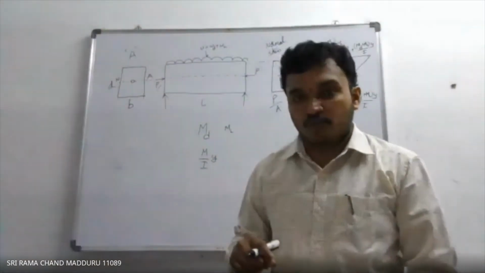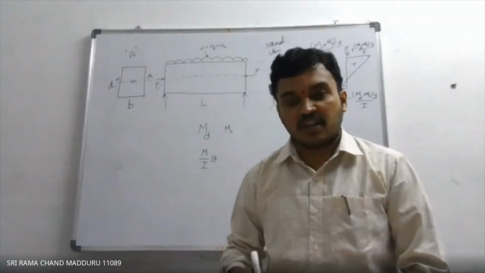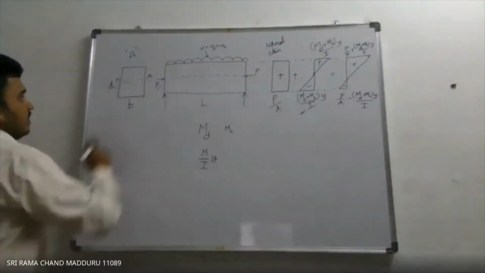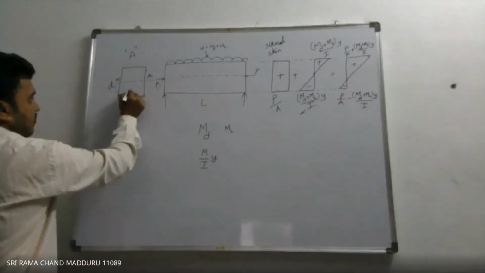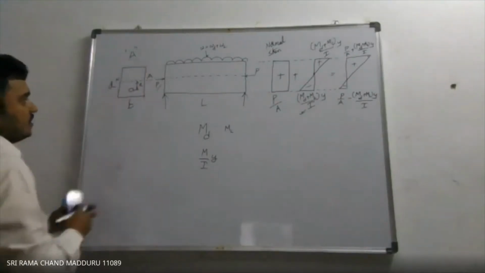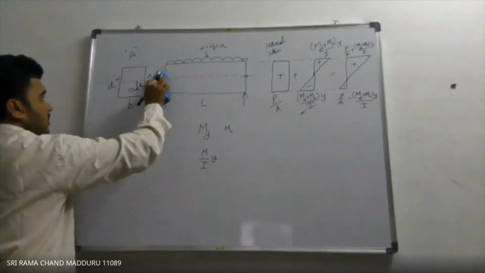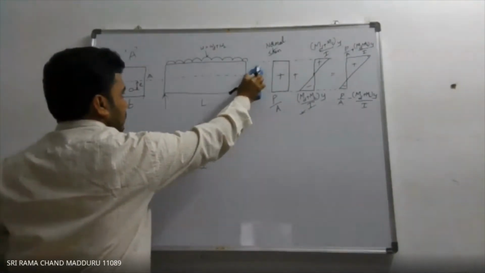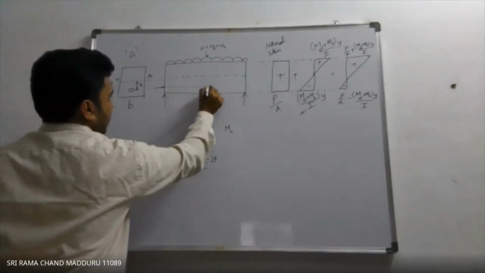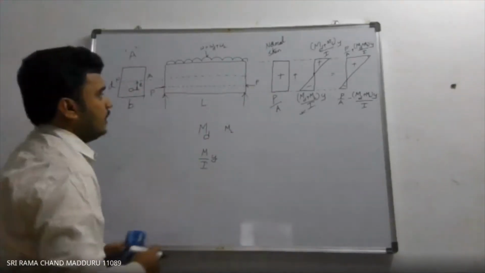Now coming to case 2, when the pre-stressing is done below the neutral axis at an eccentricity of E. Below the neutral axis means that instead of here, the pre-stressing is done somewhere here, with an eccentricity of E. The pre-stressing is not applied at the center, it is applied here like this.